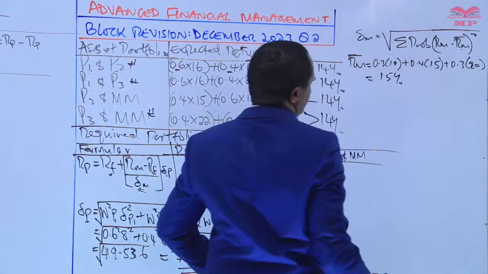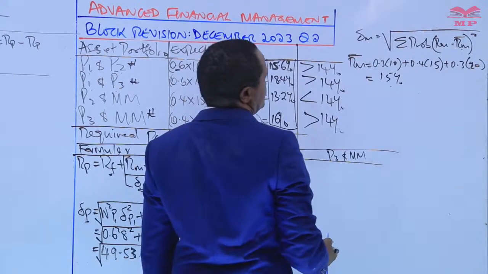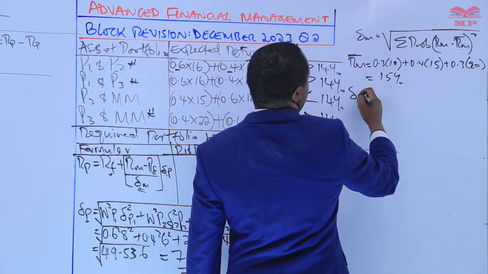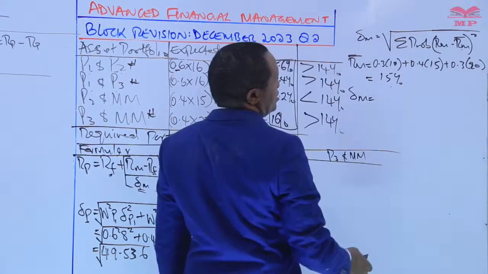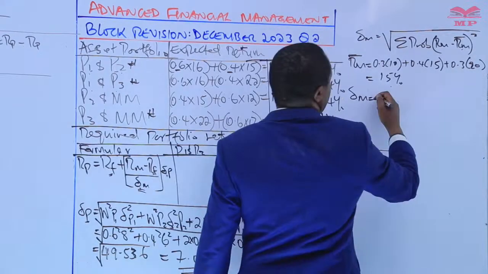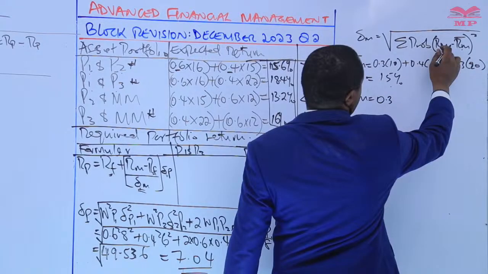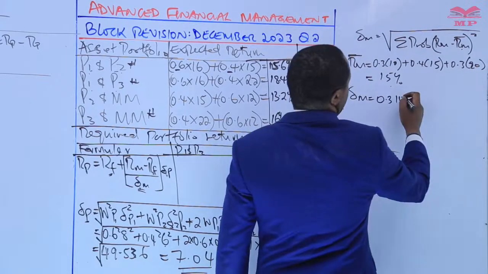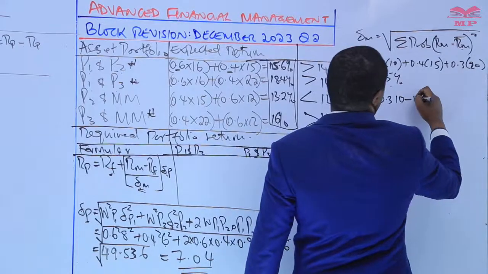Then we are going to use this expected return, so that the market standard deviation will be equal to, now substituting within the formula, the first probability is 0.3 times the 10%, is it 10? Yes, 10% minus the expected return, 15%.